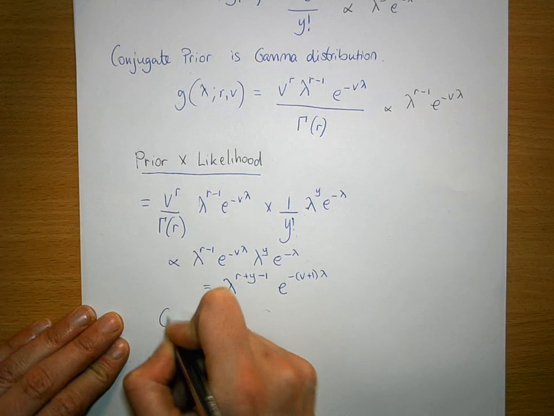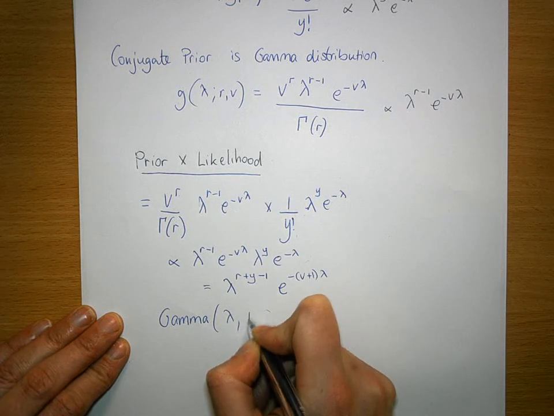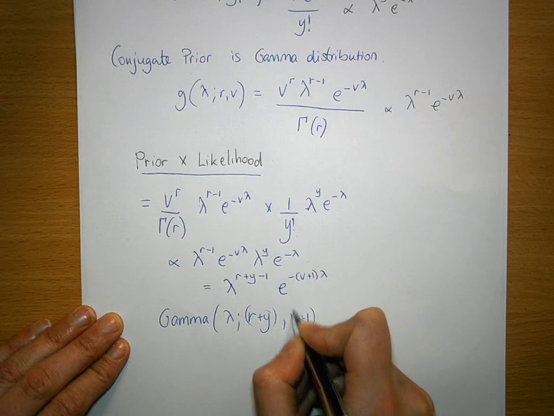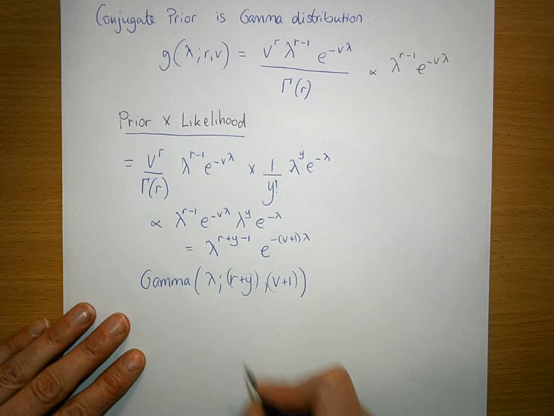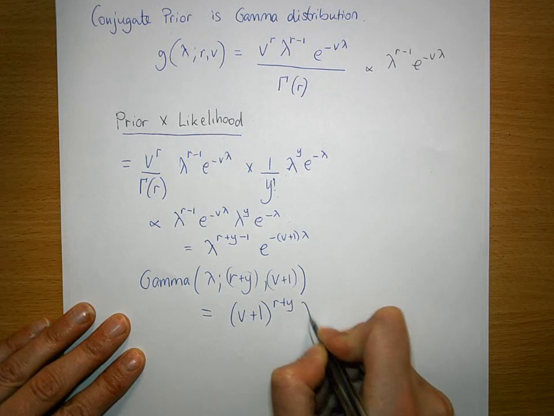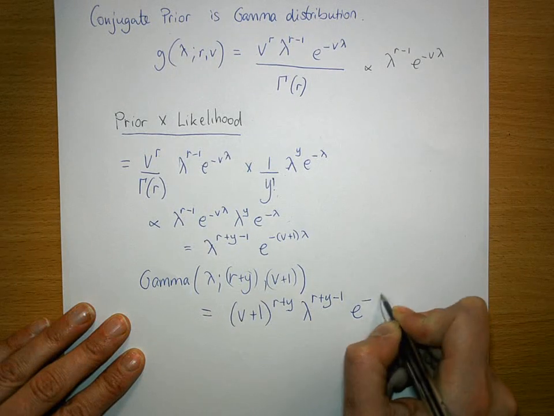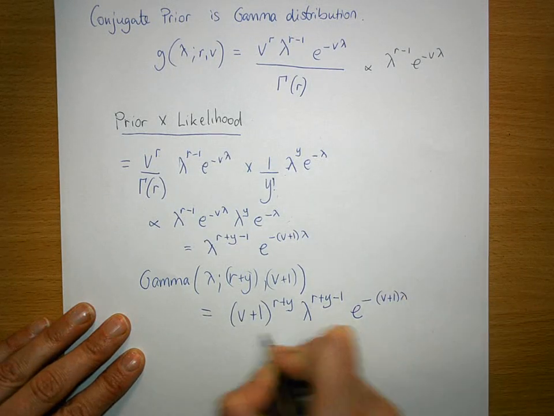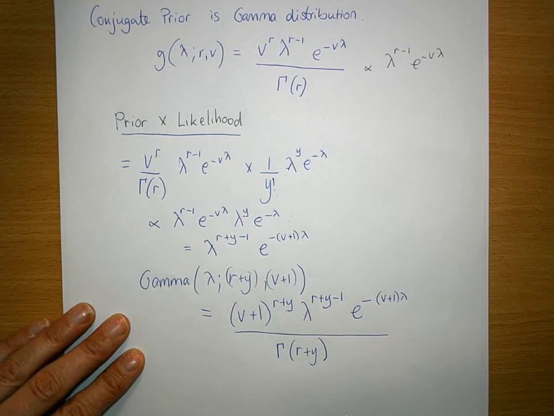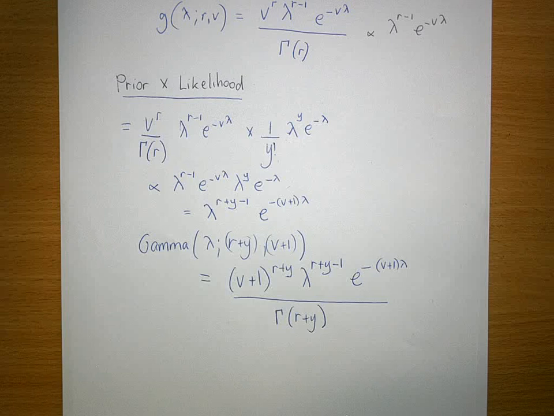So this is a gamma, lambda given r plus y and v plus 1, which you can explicitly write out as v plus 1 to the r plus y, lambda to the r plus y minus 1, e to the minus v plus 1 lambda, over gamma of r plus y. That's having done all the integration.